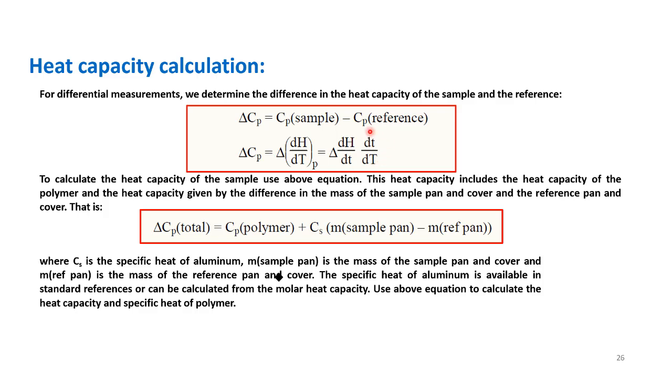So this is the temperature rate, this is the heat flow rate, and this is the heat capacity of the system. To calculate the heat capacity, this is the total heat capacity, which is the heat capacity of the polymer plus the heat capacity of the pan, like mass of sample pan minus mass of reference pan. These also need to be considered when we are calculating the specific heat of the polymer.